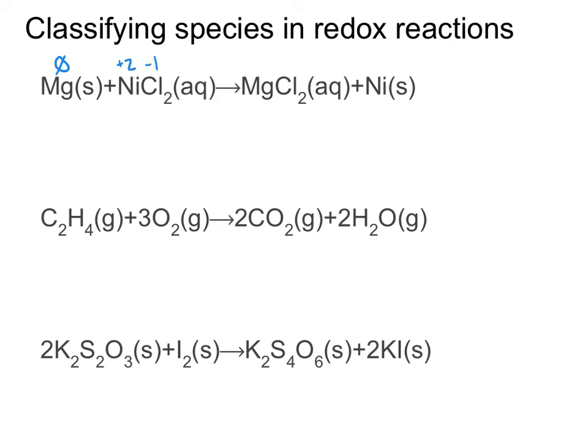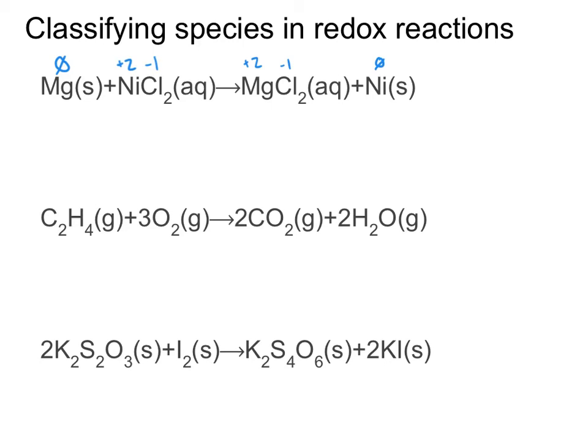On the product side, once again, chlorine with its -1 oxidation number means that now magnesium must have an oxidation number of +2. Nickel is now in its elemental state, and so we'll have an oxidation number of 0. And so the first thing we see is magnesium going from a 0 oxidation number to a +2 oxidation number. And so magnesium had to have lost electrons.